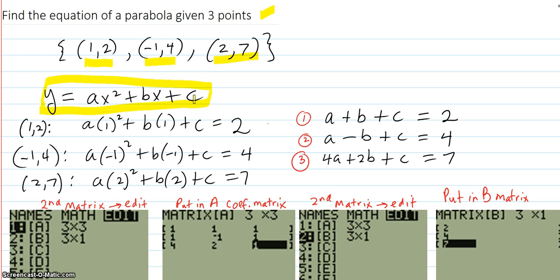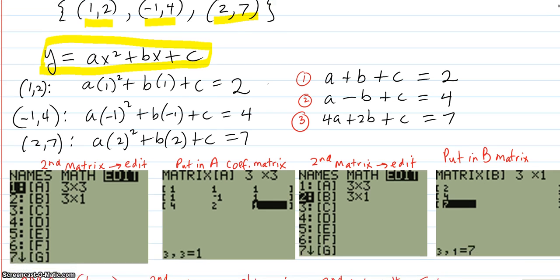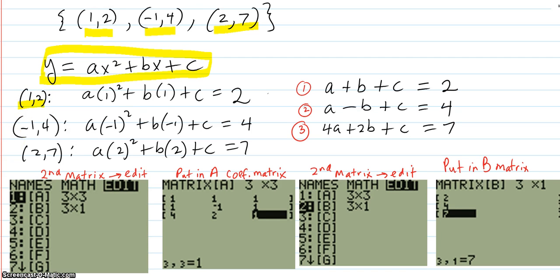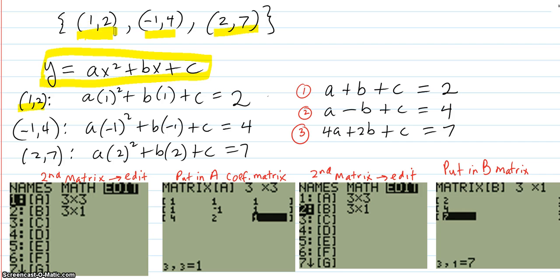So one way to do it is with the matrix method that was shown earlier in other videos. So using 1, 2, using that point, the first one, it's a x squared, but x is 1, plus bx, x is 1, plus c equals 2, the y coordinate.